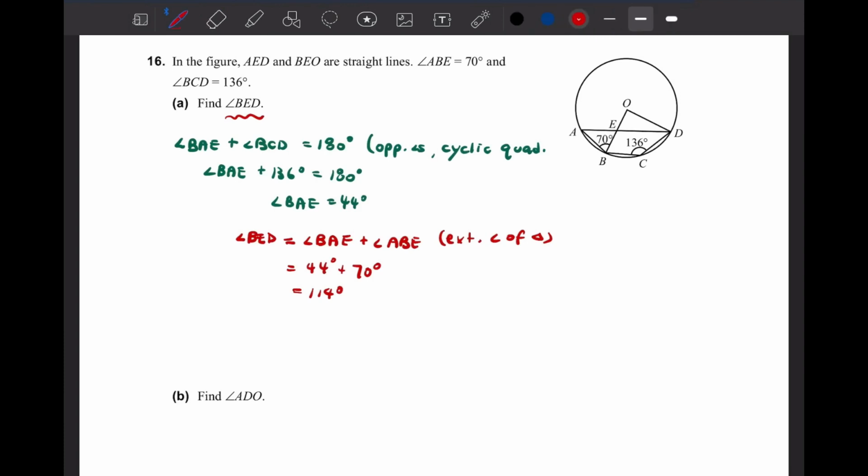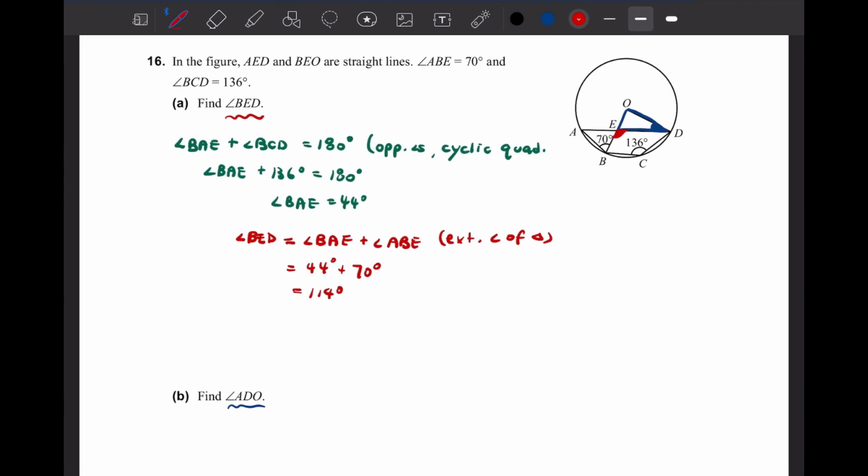Part B, finding your angle ADO. So this is your ADO, isn't it? Okay, so by looking at ADO, we first look at, okay, we got a triangle here, but we don't have any information there. But remember this one, you found it just now. So we kind of have one piece of information outside that triangle, which is your exterior angle.